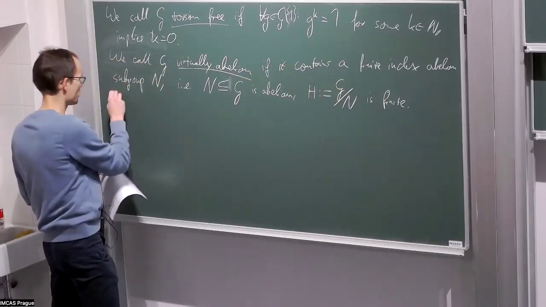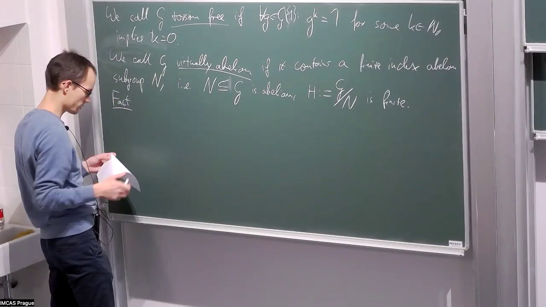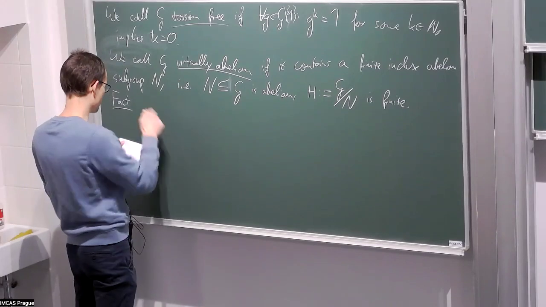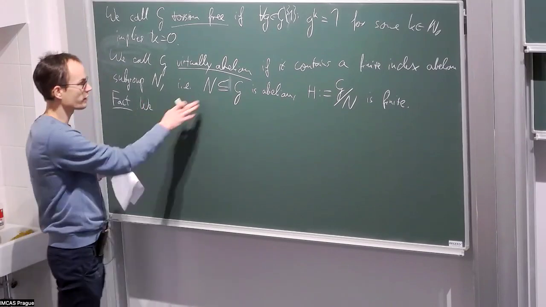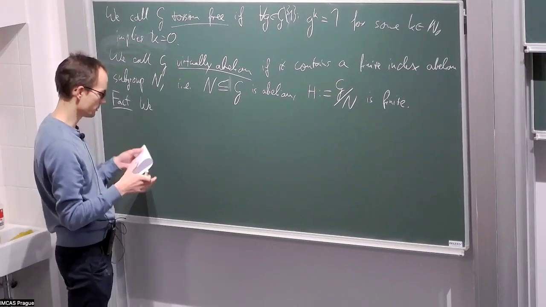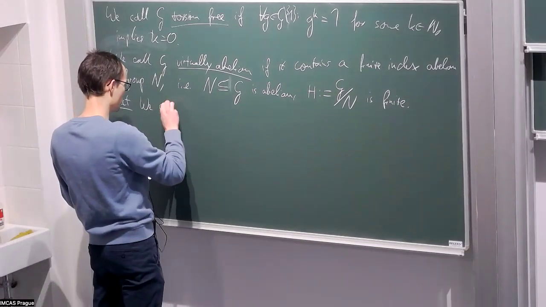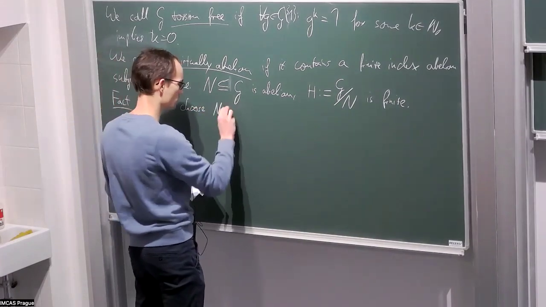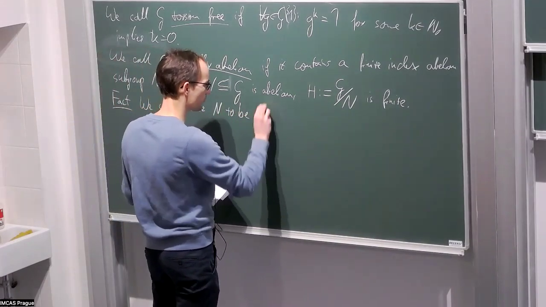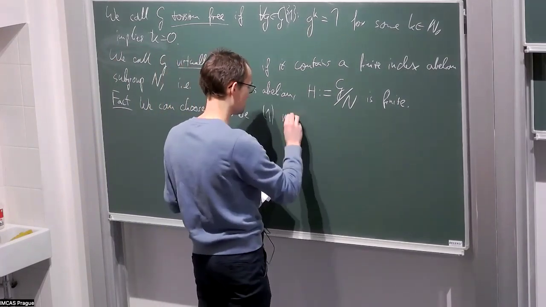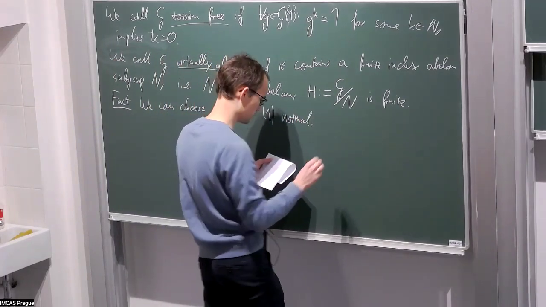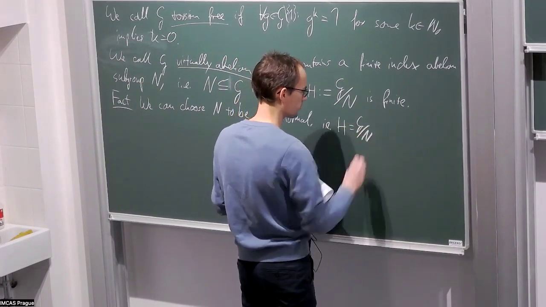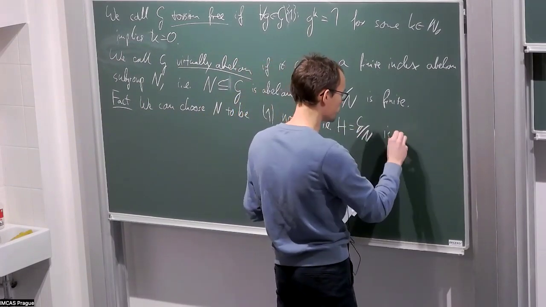Now there is a fact about virtually abelian groups that you can always choose N to be a normal subgroup and to be maximal abelian. Normal, meaning that H, this quotient, is actually itself a group.